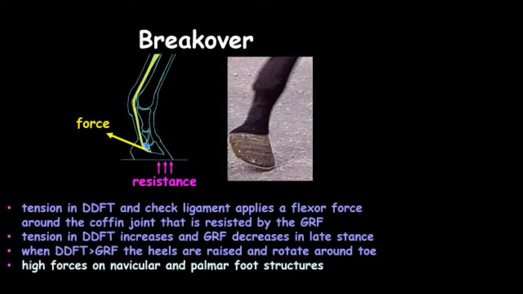But the coffin joint is prevented from flexing by the resistance that's provided to the front of the foot by the ground. So this is the effect of the ground reaction force. And as we get closer and closer to the end of the stance phase, the ground reaction force is progressively decreasing, while the force of the deep digital flexor tendon is progressively increasing.